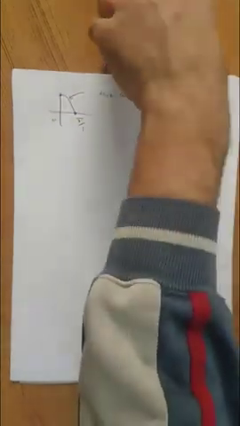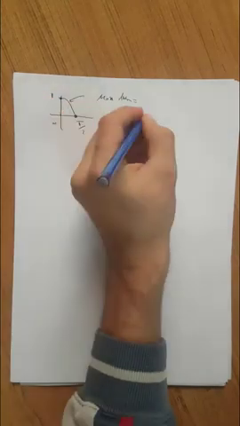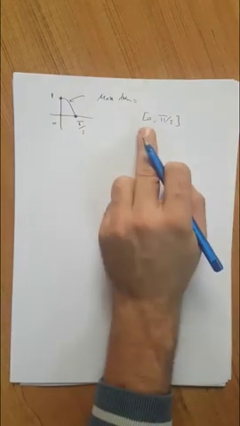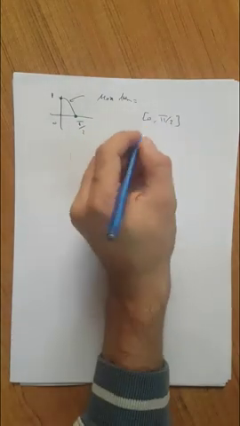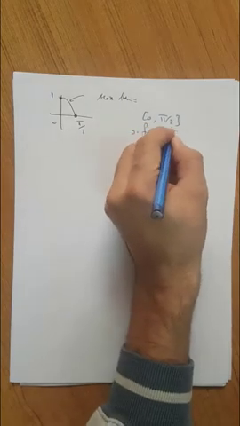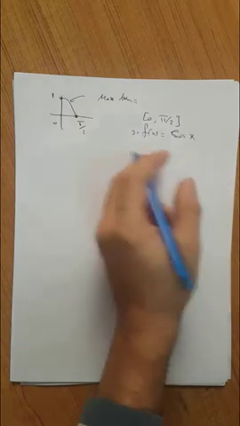So how do we find them for this function? We see that the cosine is between 0 and 1. So on the interval 0 to pi over 2, the value of y equals f of x equals cosine of x has a value.